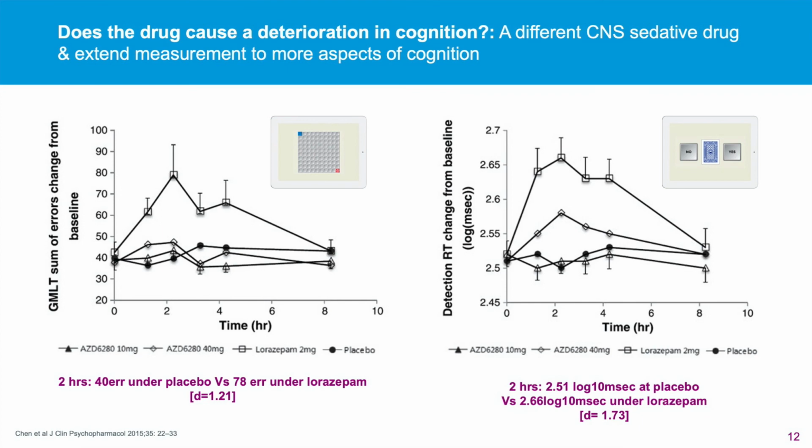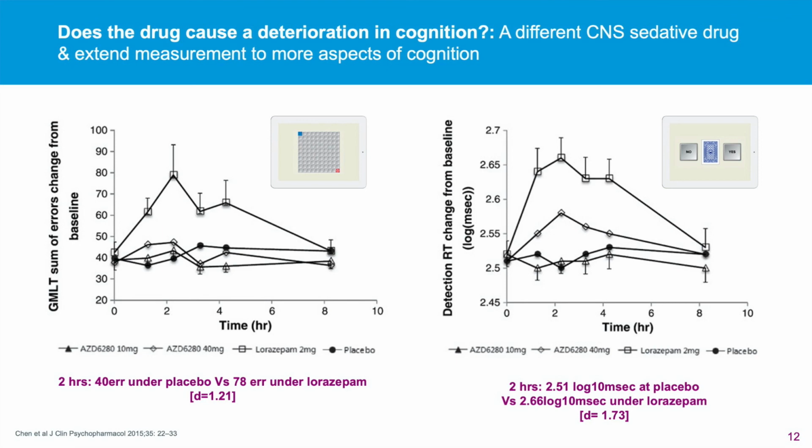An interesting aspect of performance here, though, is you can see that the higher dose, the 40 milligram dose of AZD6280 itself is associated with some decline in cognition, small but present. And so we can use that to actually make decisions about dosing.